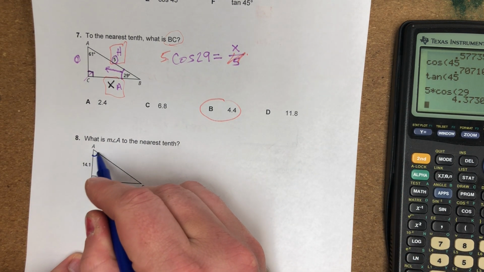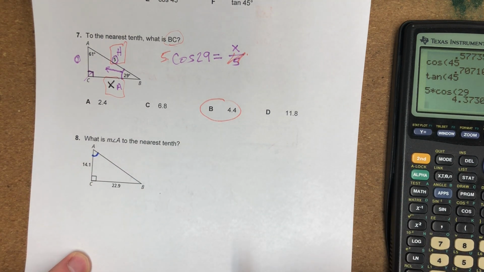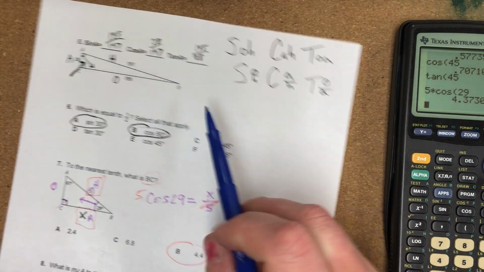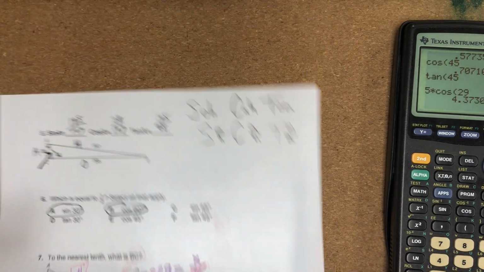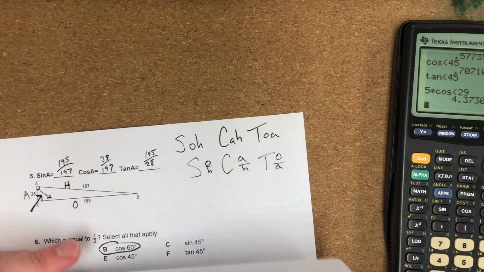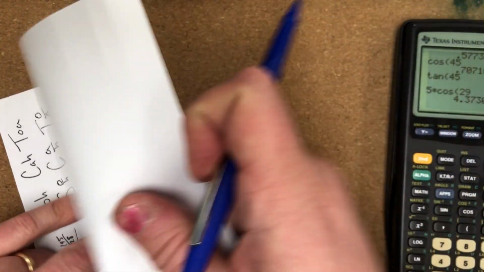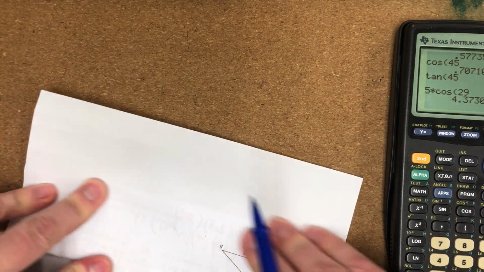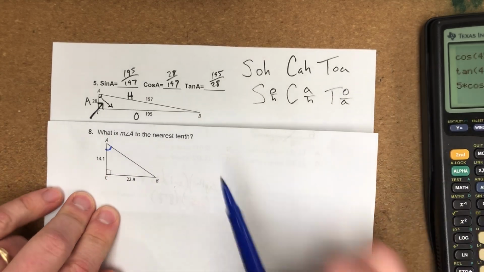All right. So here's my angle. It wants to know the measure of angle A. Okay. Well, again, we're going to use our SOHCAHTOA. So let me just get it all in frame. Okay.